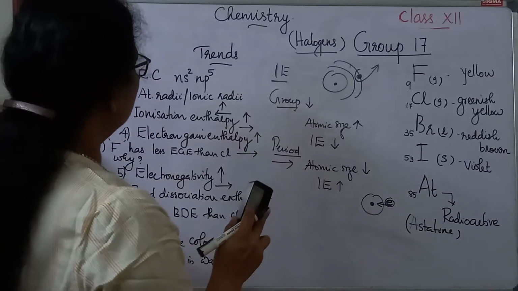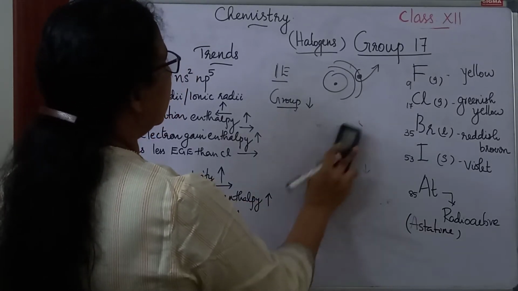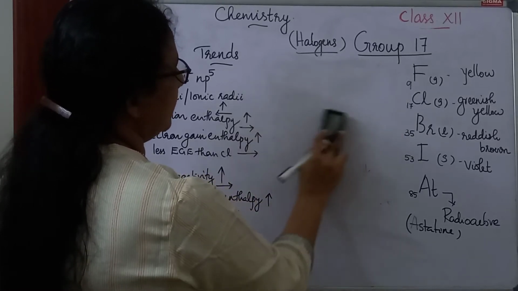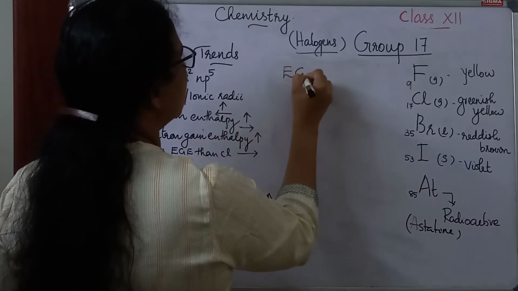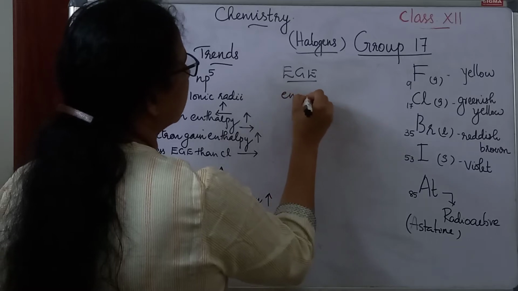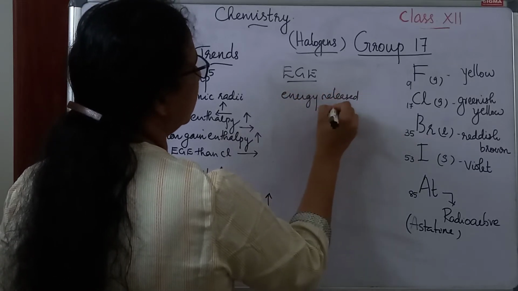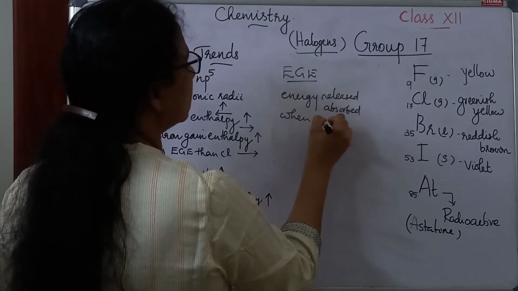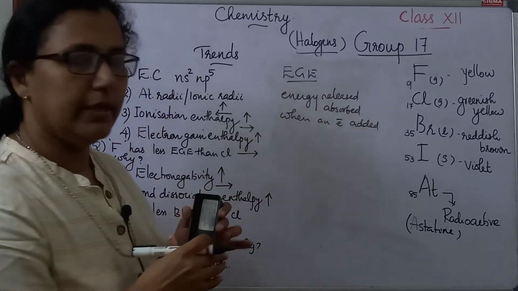Then coming to the next trend, that is electron gain enthalpy. What is electron gain enthalpy? What is the definition of electron gain enthalpy? Electron gain enthalpy is the amount of energy released or absorbed when an electron is added to an atom.